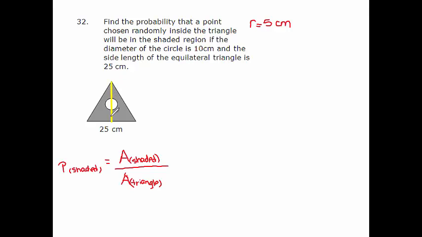Okay, if I know the height is perpendicular, so I need to either use Pythagorean theorem or in this case special right triangles to find the height of this triangle. I know that this side is 25, and since this whole side is 25, half of it is 12.5.